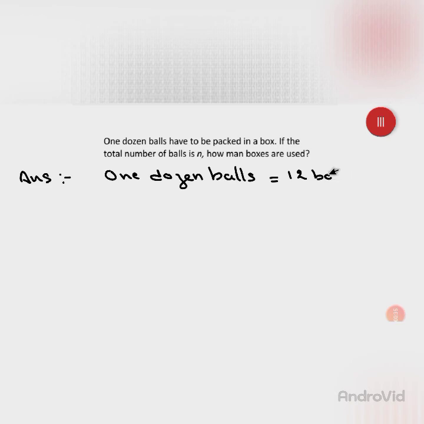In 1 dozen we have 12 balls, and the total number of balls we have is n.